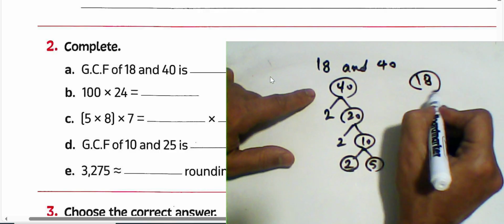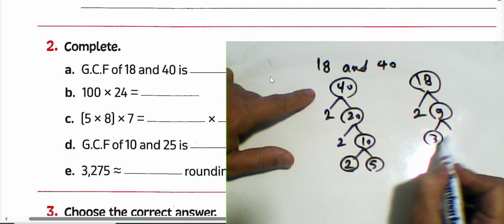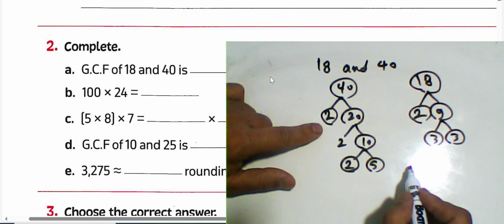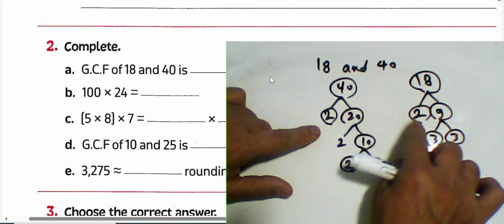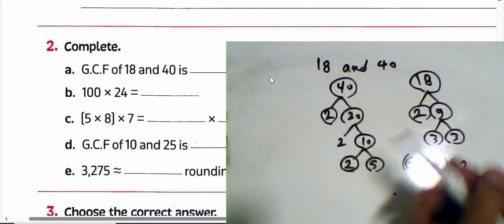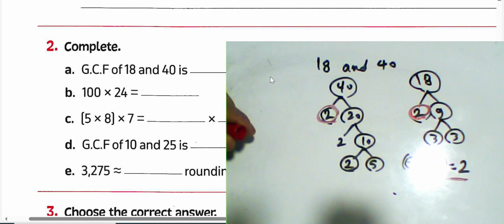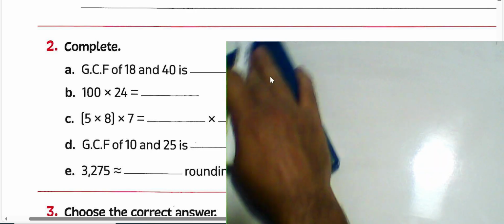And 18 we can divide by 2: 2 times 9, and 9 equals 3 times 3. Then the greatest common factor between them equals 2. In the result here you must write 2. Okay, understood the answer. Okay, next question.